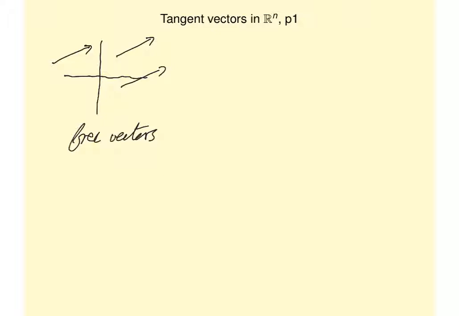But what I'm concerned with here and throughout the course is the other concept where the vector is actually bound to a particular starting point. So I'll write little x for the starting point and capital X for, well, we'll spell out in a moment what capital X is for. And these are bound vectors.